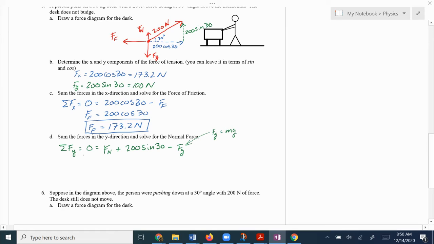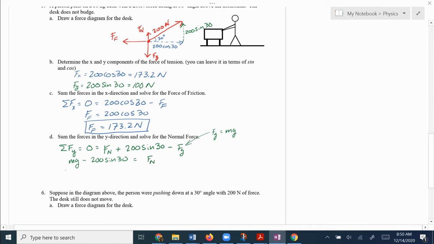So now to solve, we're going to solve for the normal force. So we're going to move everything to the other side. So that's going to give us mg minus 200 sine 30 is equal to normal force. Again, I just subtracted the 200 sine 30 to the other side and added the force of gravity, mg, to the other side.